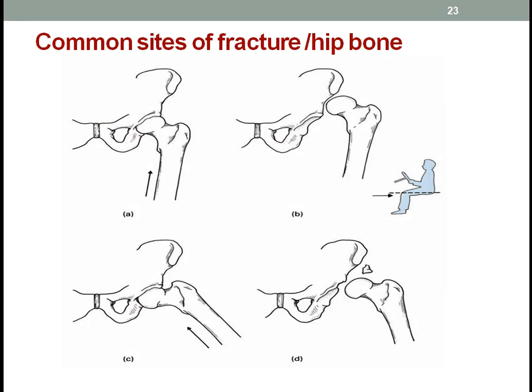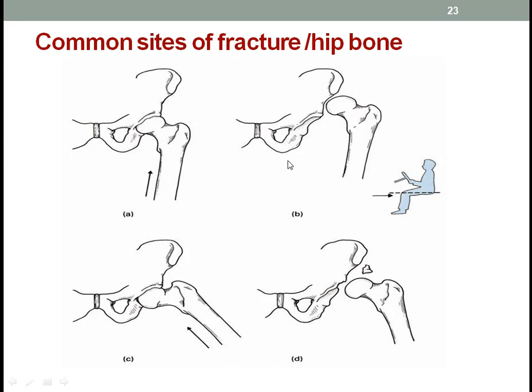So this is a common injury to the hip. As you see here, this is a posterior dislocation of the hip joint. Here you see an acetabular fracture. A small rim of the acetabulum has been fractured here.